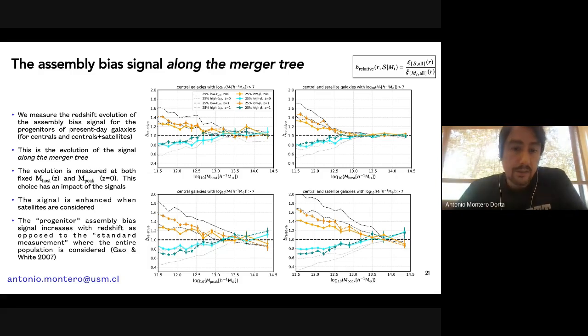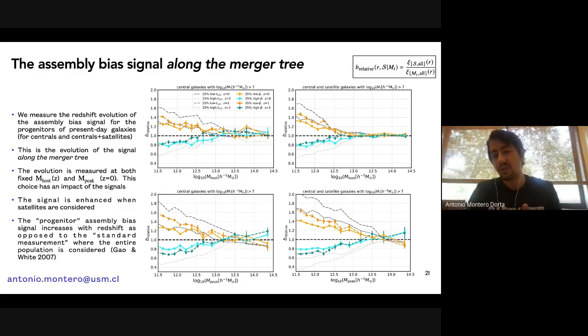Yes, and there are a few things that can be said here that are interesting. When you add satellites, the assembly bias signal increases a little bit. That's interesting. The other thing is that when you look at the evolution in redshift, and I'm basically summarizing the plots, what we're doing here is following the merger tree. So this would be the evolution of the assembly bias for the progenitors of redshift 0 galaxies, right?